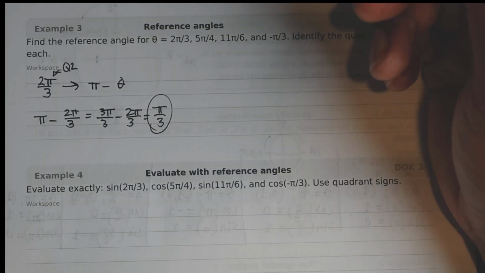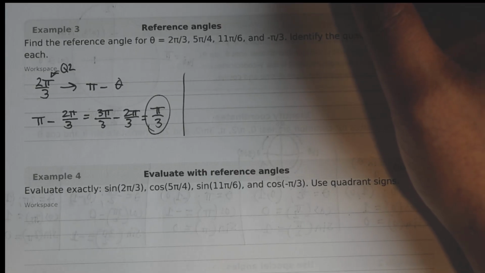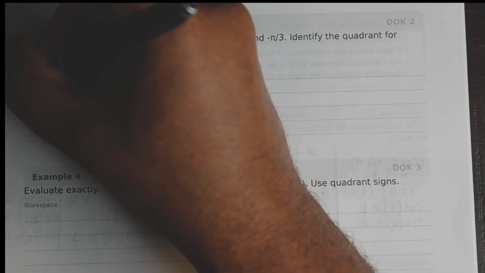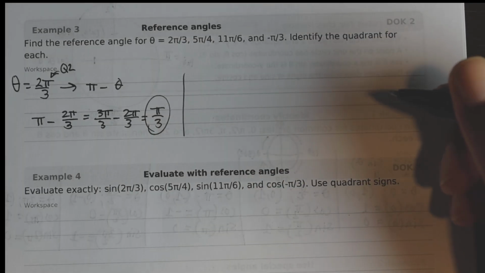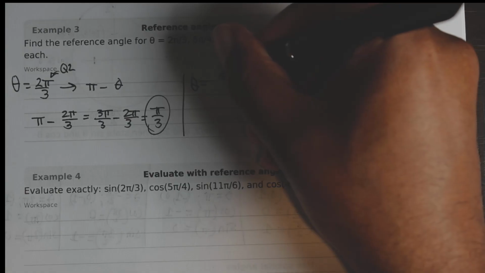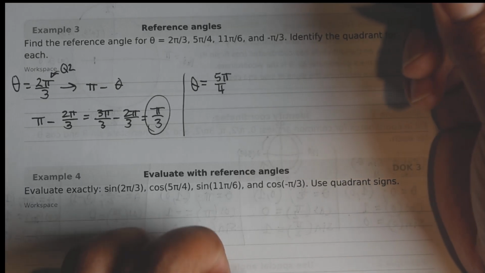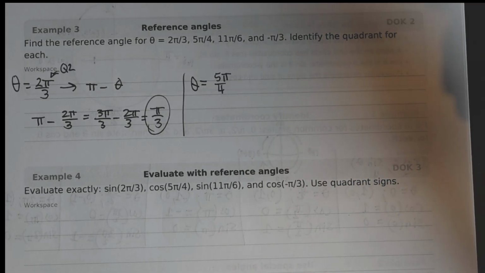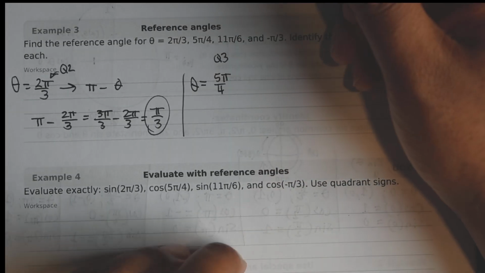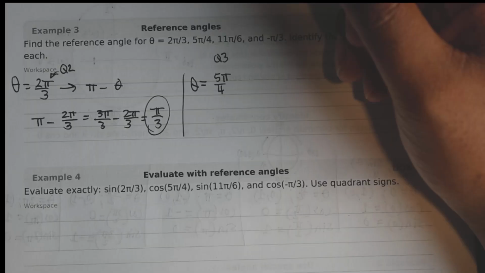Okay. Now let's look at 5 pi over 4. So theta in this case is equal to 5 pi over 4. So that quadrant is Q3. And in quadrant 3, we subtract pi, right?